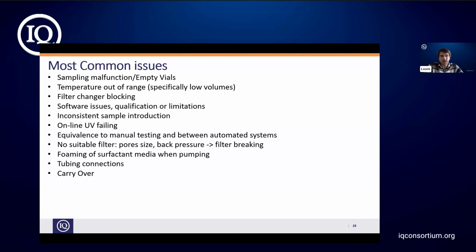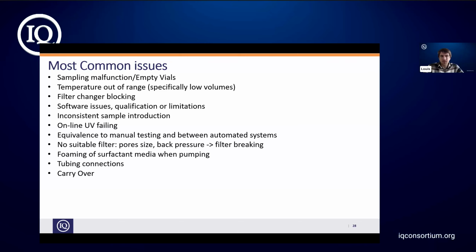So really the software either giving faulty errors, for example, or making your qualification complex, or even limiting you in what you can actually do with the system. Inconsistent sample introduction also comes back. So sample not dropping, for example, or dropping in the wrong position.